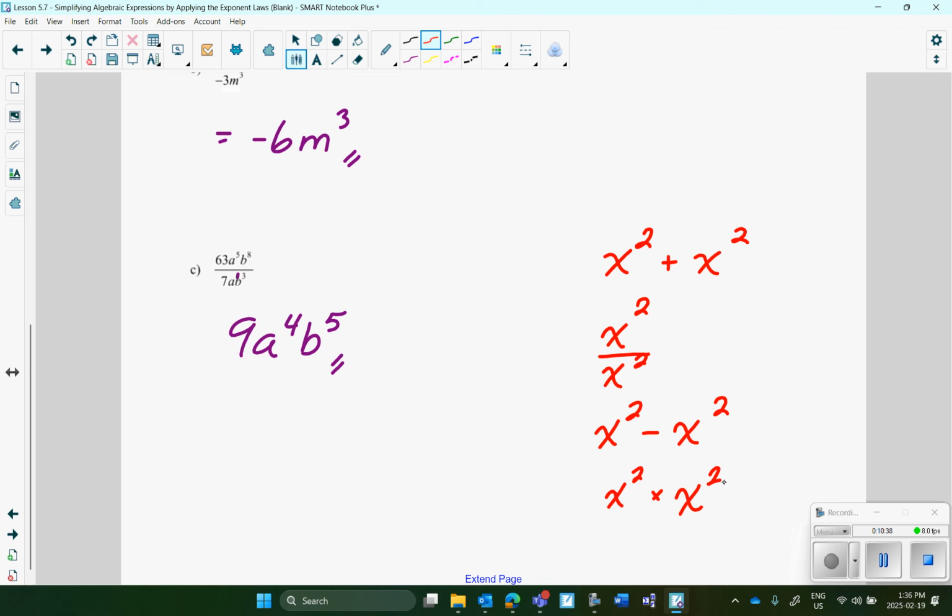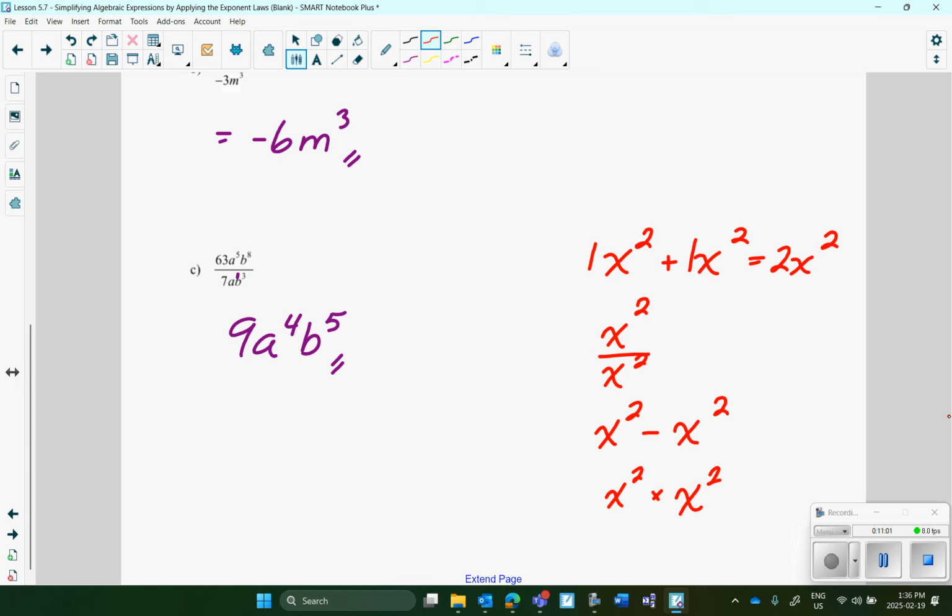Anybody got a different answer? We are not multiplying, so we don't add the exponents. We've got a 1x squared and a 1x squared, which together make 2x squared. That's not an exponent law when we add powers.